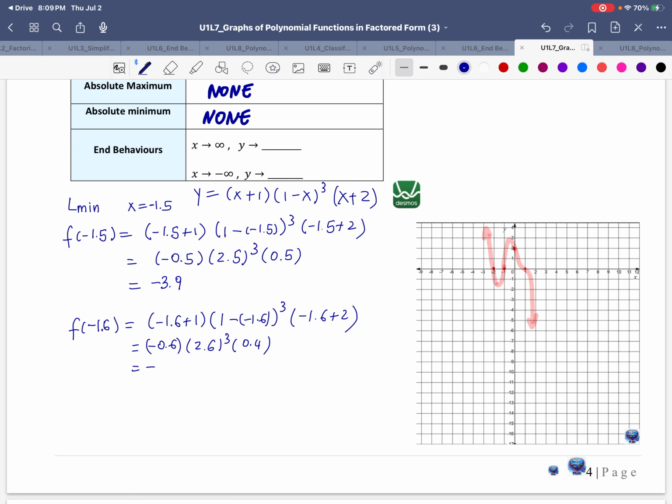As you can see, we're going further down, which means that the minimum should be further to the left of -1.5. So we'll check -1.7. Now, there is very little room in between these two x-intercepts, so I doubt that we will have to dig any deeper in the negatives, but we're going to try -1.7 to make sure that we get the most accurate answer.